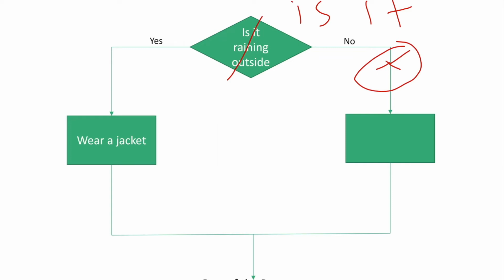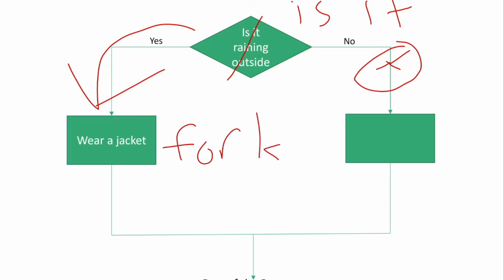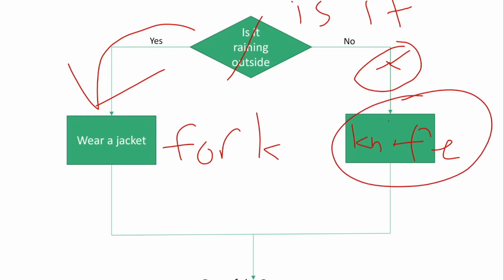Is it an orange? Right? And if it is, we're gonna bring a fork so that we can eat the individual pieces, and otherwise we're just gonna bring a knife, right? Whatever it is. In the case earlier, it was an apple, so we went to the knife section, right? So we got a knife, and then we continued with the rest of our day.